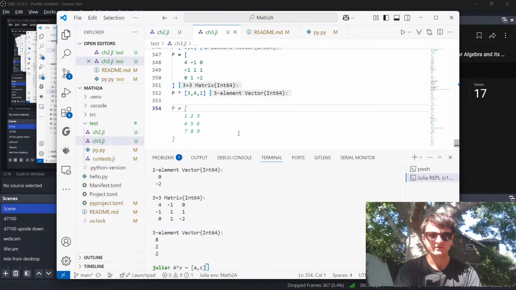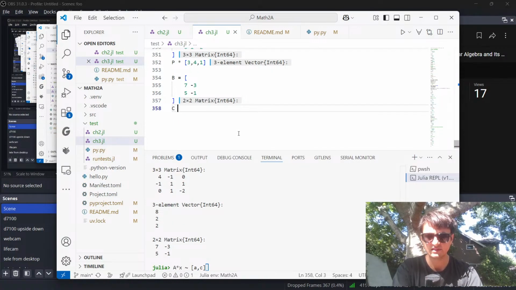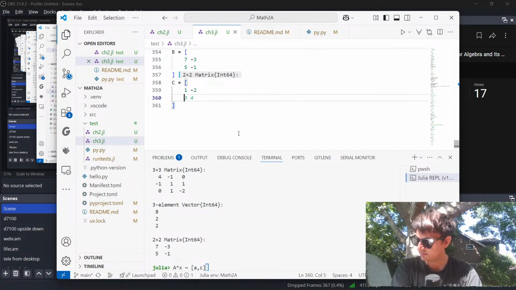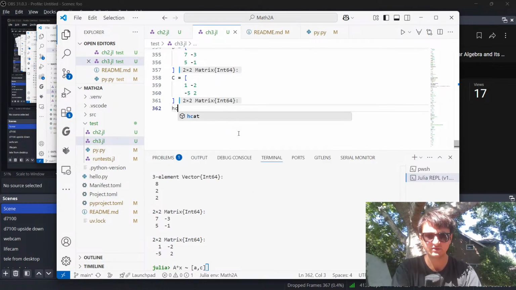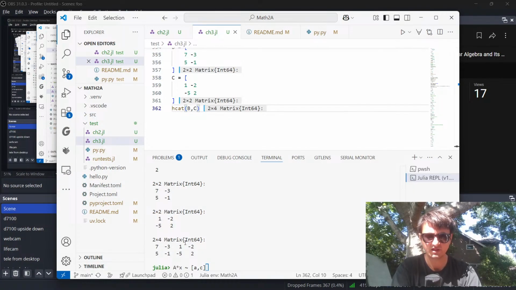So we have B equal to, I'm just going to do it as a matrix, 7 minus 3, 5 minus 1. And then C is equal to 1 minus 2, minus 5, 2. And then we can do hcat B, C, so this stitches them together to make them augmented.